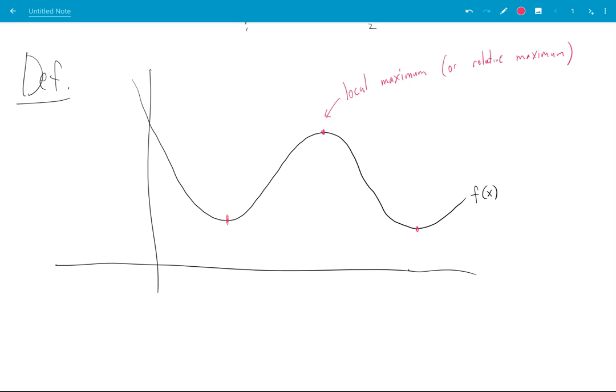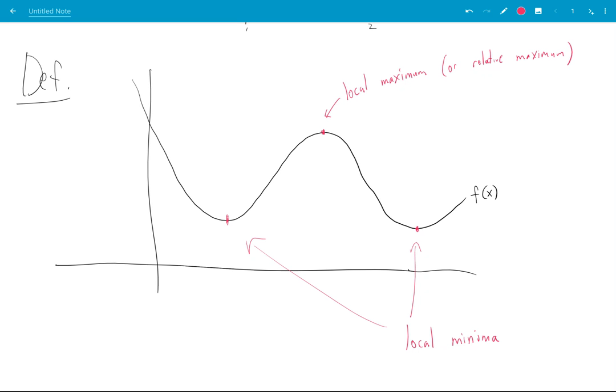And these two valleys, we call them local minimums, or you can say local minima to pluralize minimum. So we got local max, local mins, sometimes called relative max or relative mins.